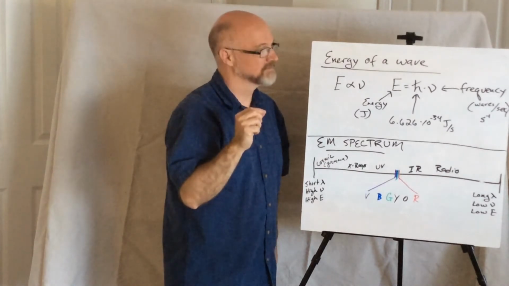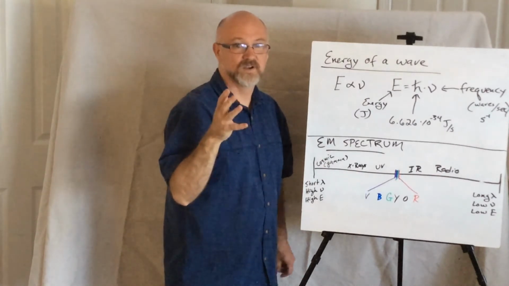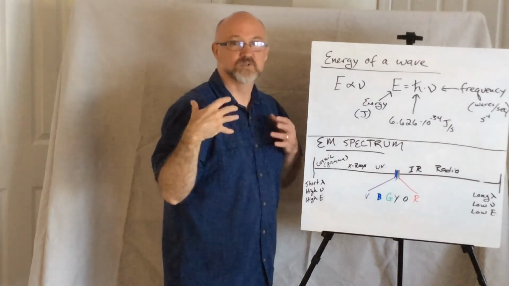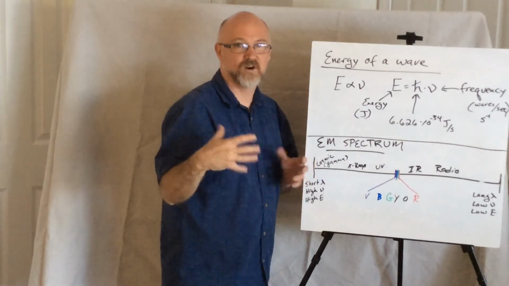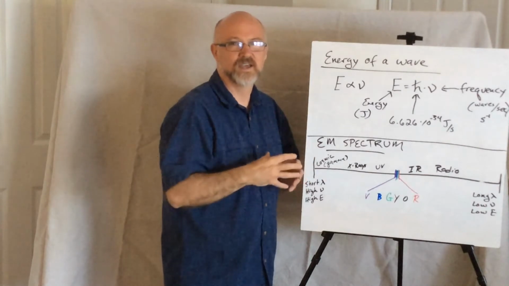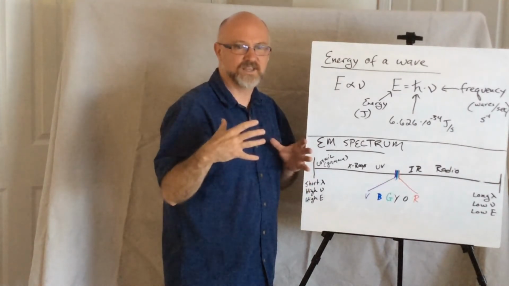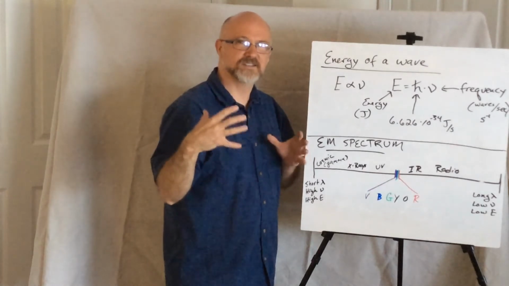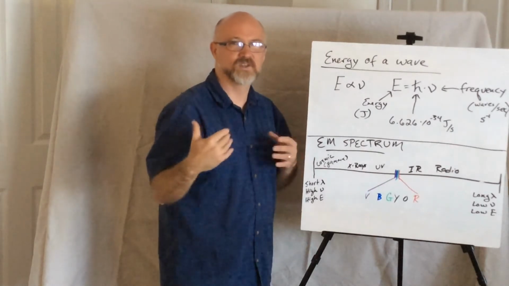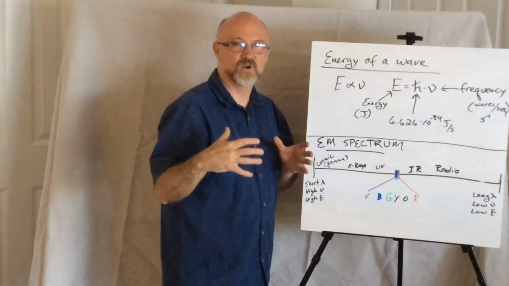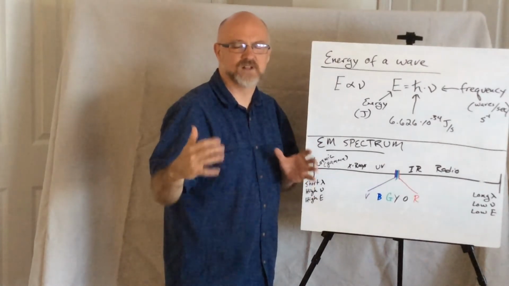Max Planck was a German physicist who was studying the absorption and radiation of heat off of matter, off of objects. And what he realized was that the capacity of any substance to absorb or release heat only occurred in whole number multiples.